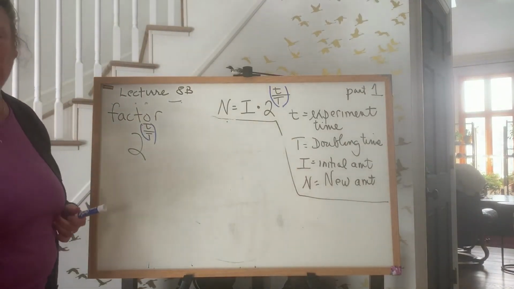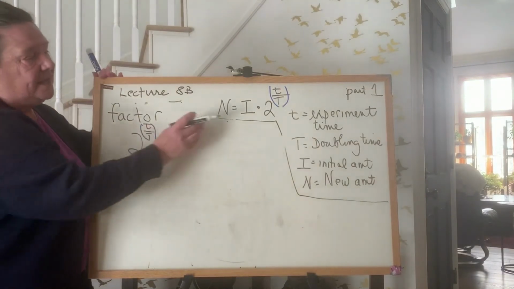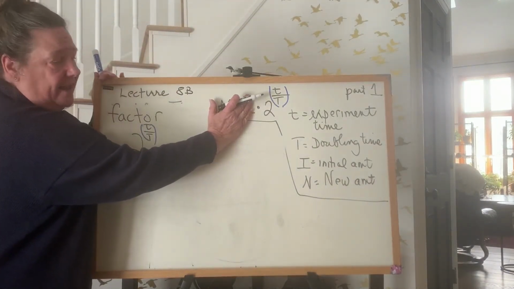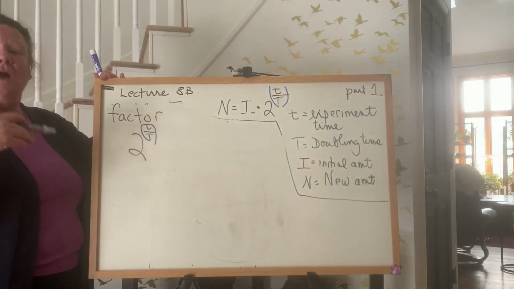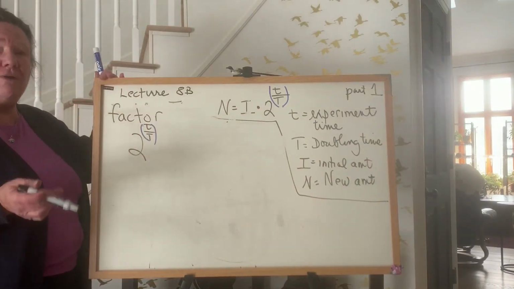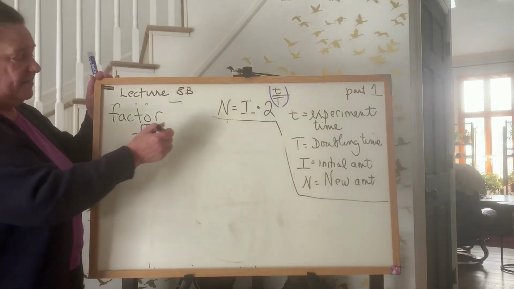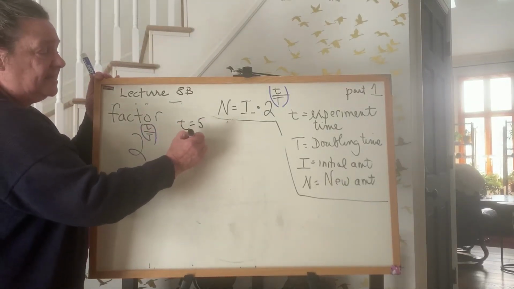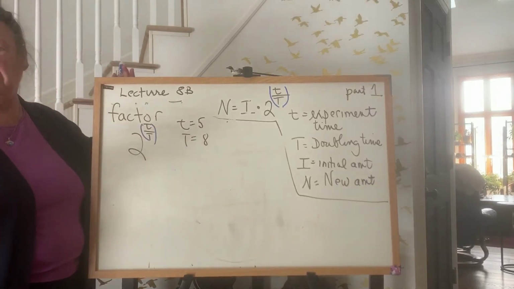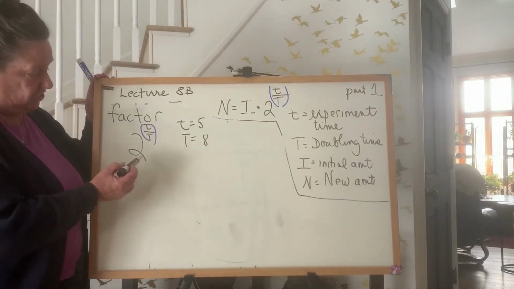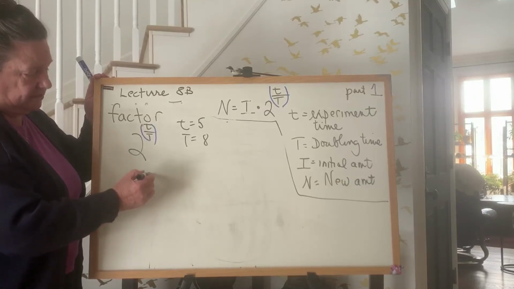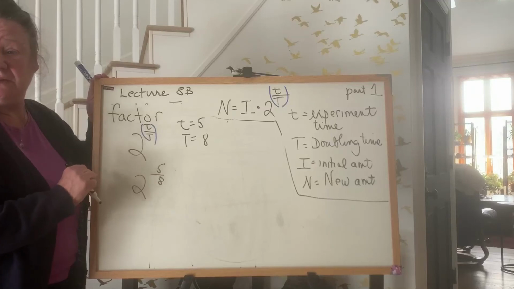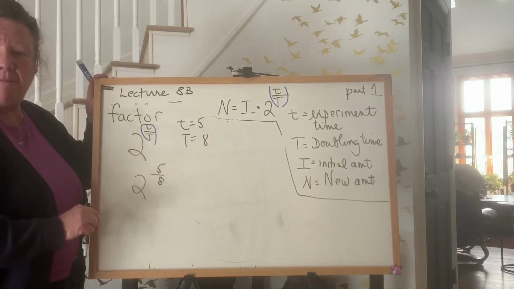Now the factor formula omits the initial part and the new part, and it just says by what factor is it going to grow. So let's just say that little t is equal to 5 and big T is equal to 8. So the factor would be 2 to the little t over big T. And that's the answer. How hard can that be, all right?